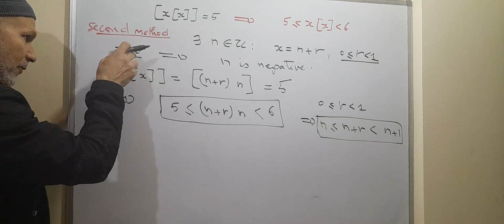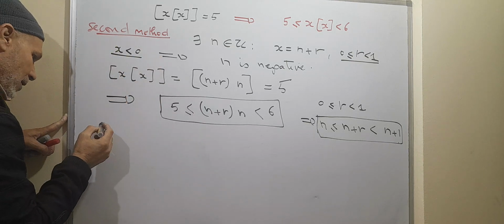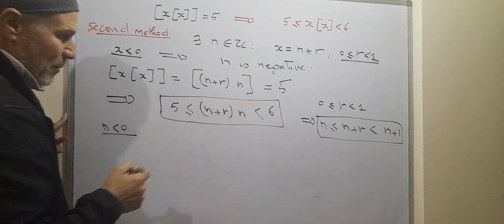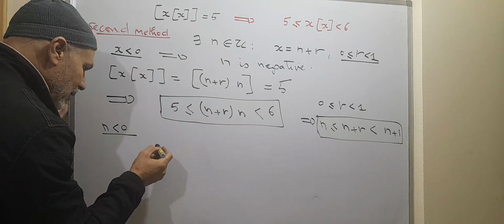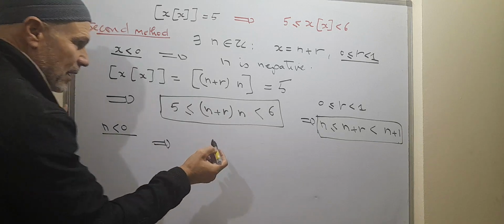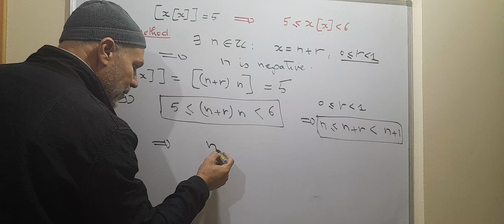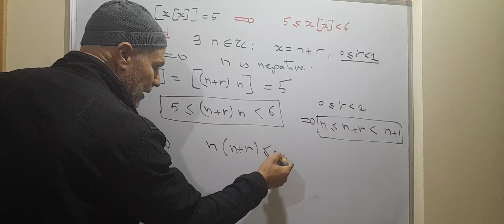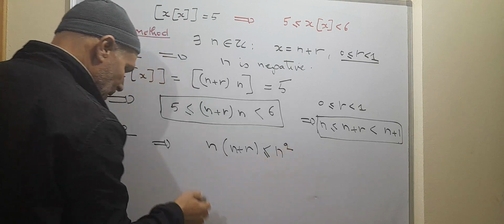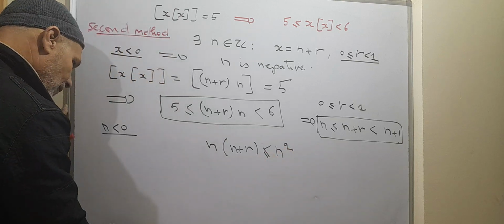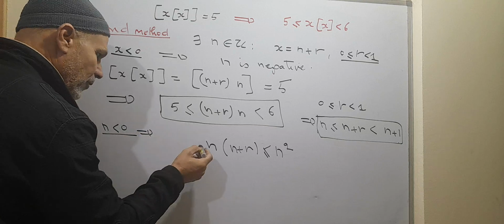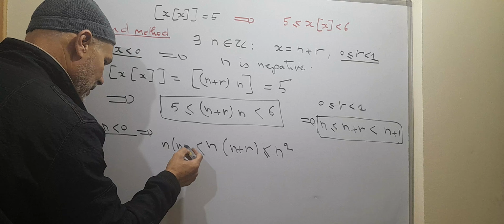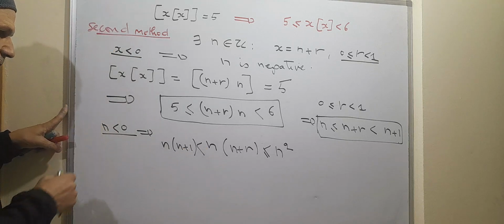In the first case, when we suppose that n is negative, if we multiply by n, we get that n times (n plus r) is less than or equal to n squared, and strictly greater than n times (n plus 1), because n is negative.